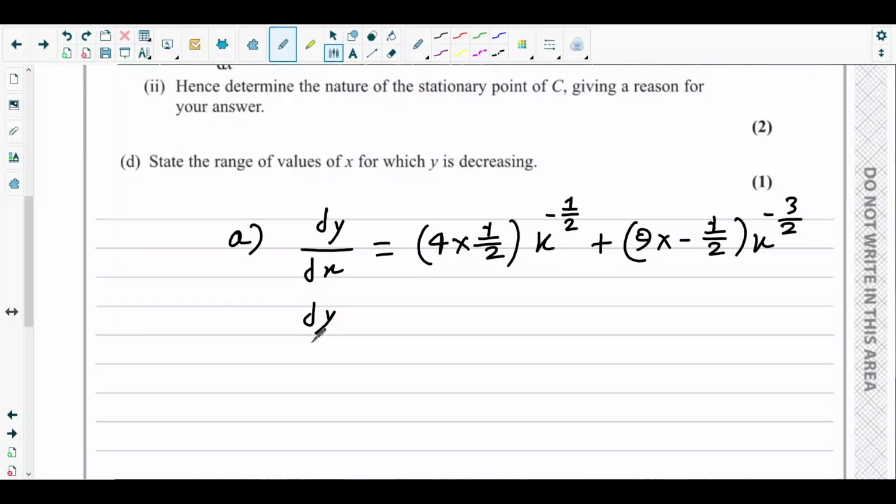So dy over dx would be 2x to the power negative half minus 9 over 2 x to the power negative 3 over 2.